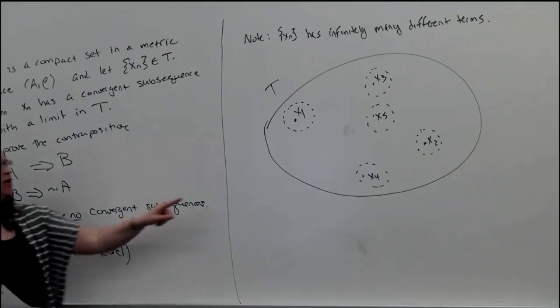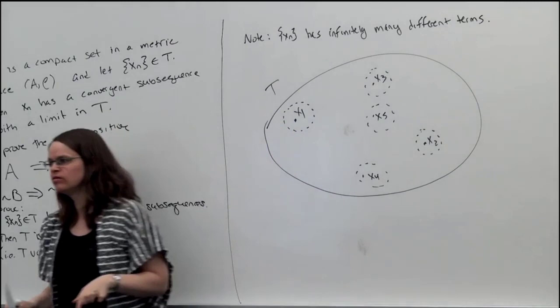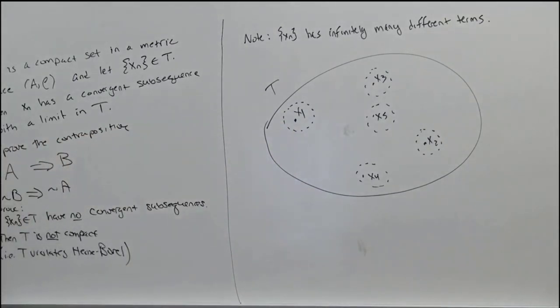To draw these balls, I need to be able to draw a ball with a positive radius, not a zero radius, but something that is actually an open set. So my first lemma is just that I can draw these little open sets.